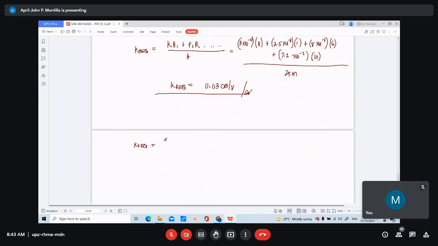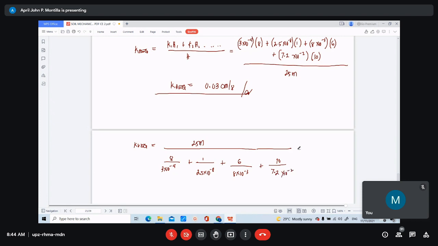KVEQ will be equivalent to the total of 25 meters over H1 over K1, 8 over 3 times 10 raised to negative 4, plus 1 over 2.5 times 10 raised to negative 8, plus 6 over 8 times 10 raised to negative 3, plus 10 divided by 7.2 times 10 raised to negative 2.